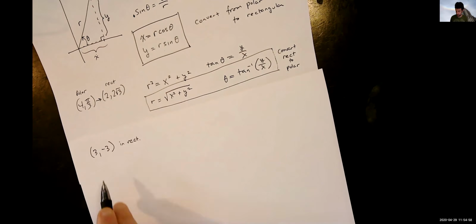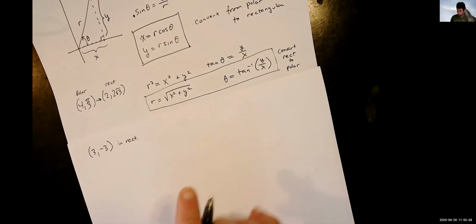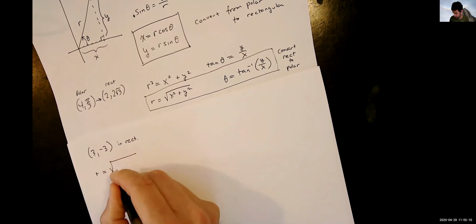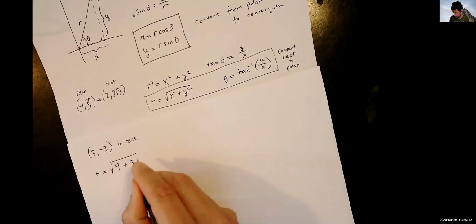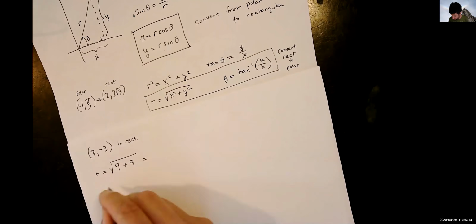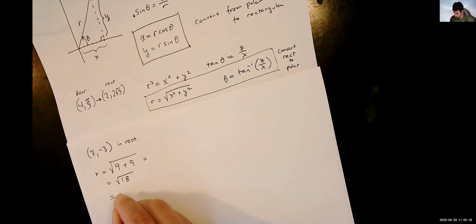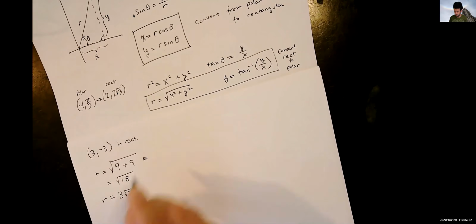So if I have a rectangular coordinate of 3, -3, and I want to convert it to polar, let's use our equations. So r is going to be the square root of x squared plus y squared, which is the square root of 18 or 3 root 2. So there's our radius.